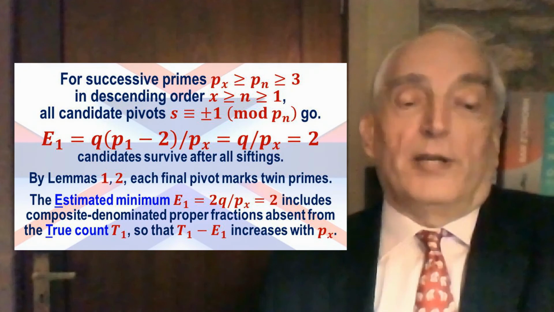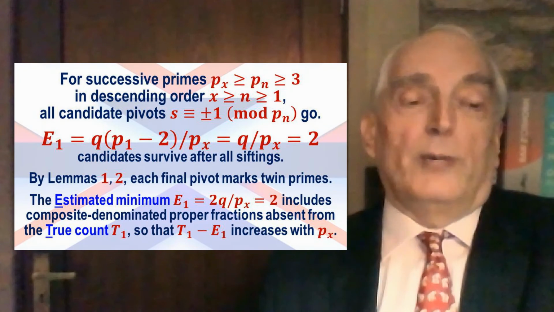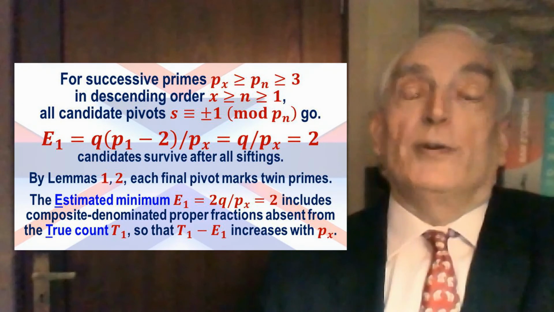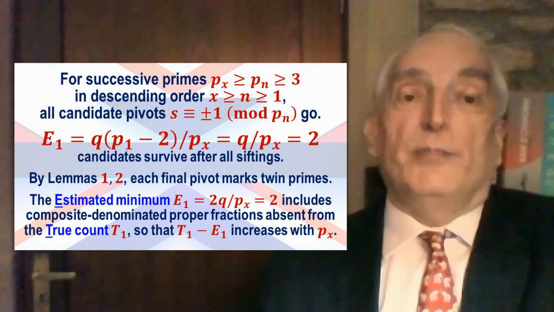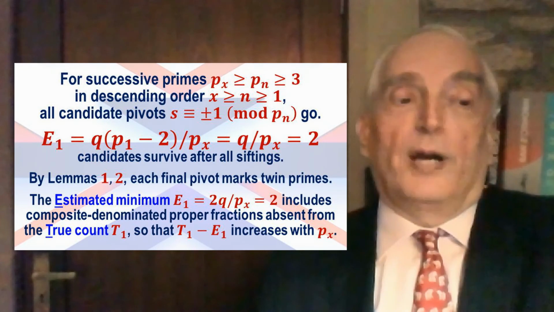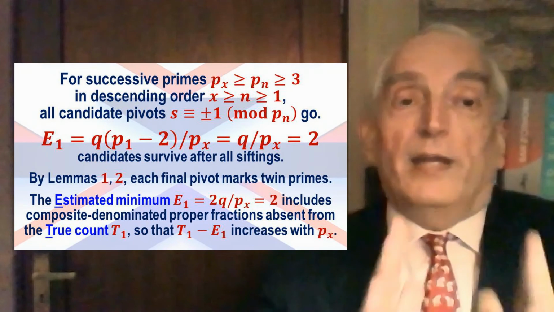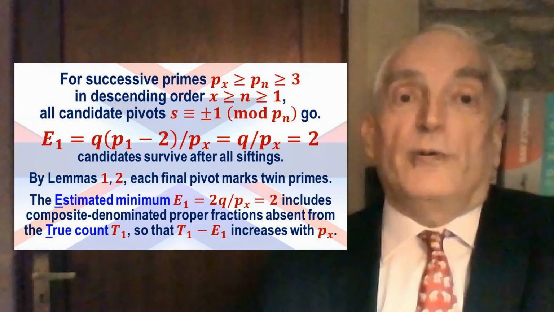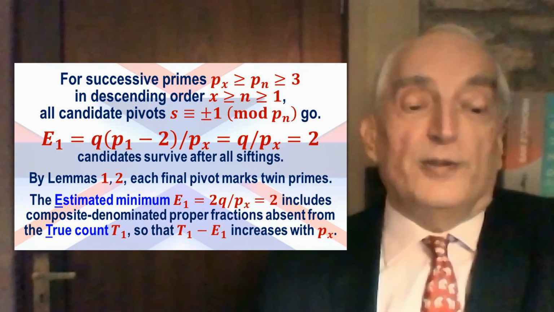And at the end of that process, E1 will be equal to q times (p1 minus 2) over Px, which is equal to q over Px, which is equal to 2. So our estimated minimum quantity of prime pairs in any window of opportunity will always be 2. There will always be at least 2 there.